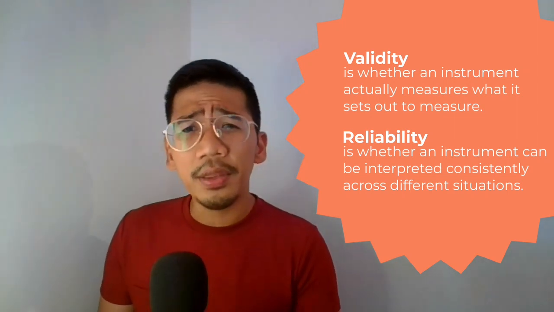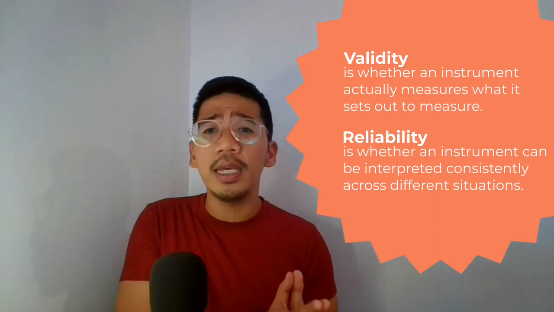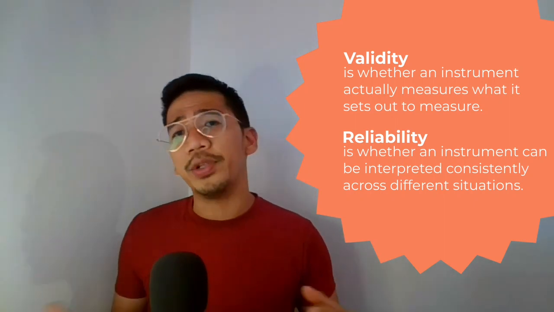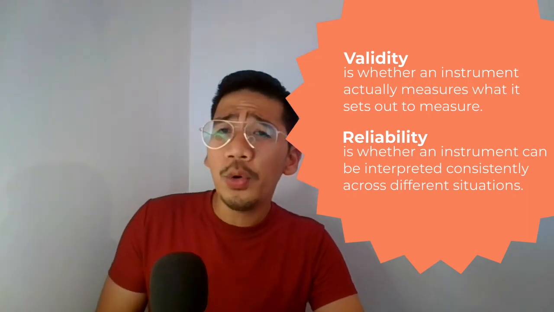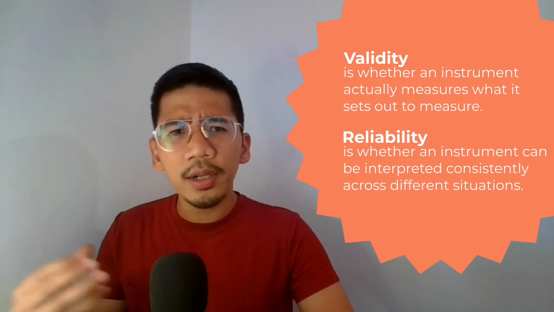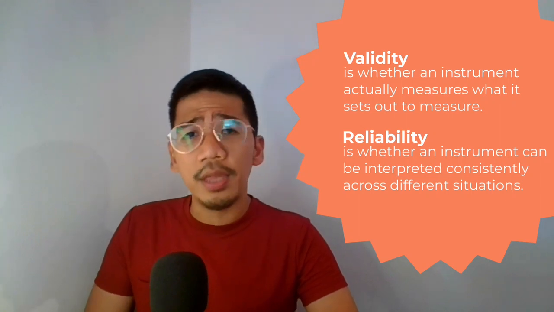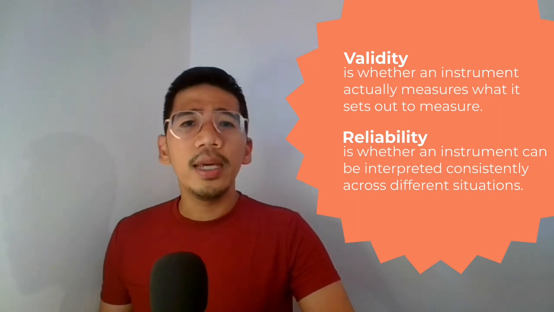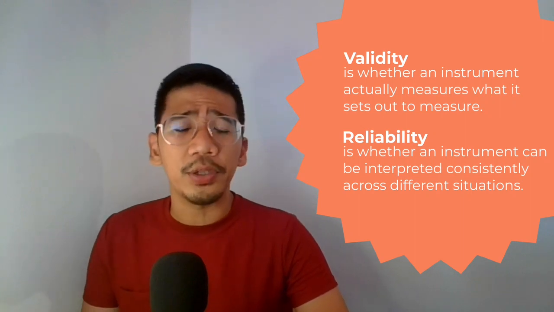However, if we're using these things to infer other things, for example, using skin conductance to measure anxiety, then they will be valid only if there are no other factors other than the one we're interested in that can influence them.